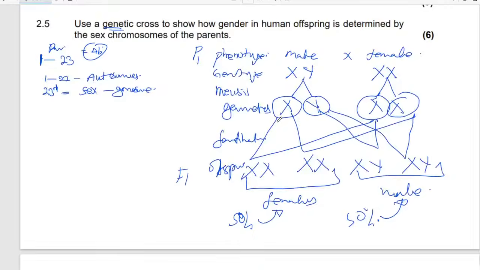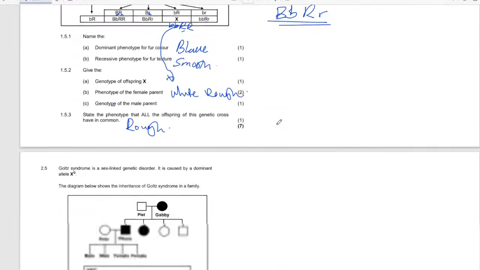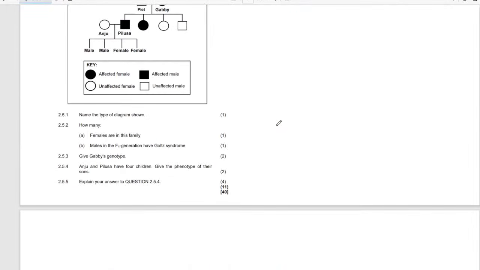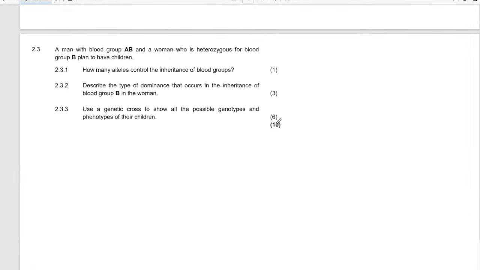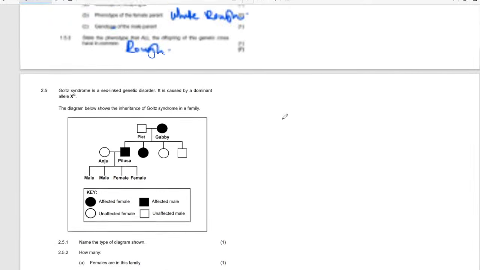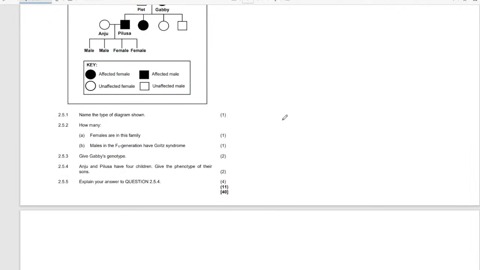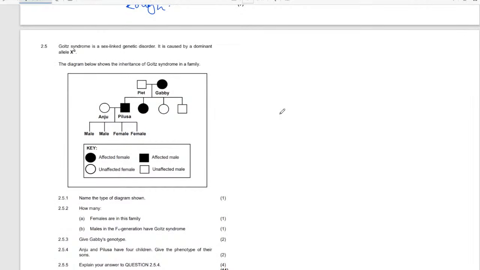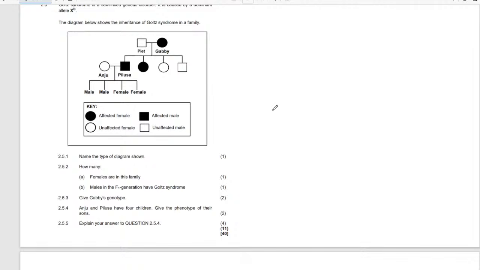Okay, let's go to the last questions. I have this question, and then another question and another question. So basically I have 3 questions to smash. Let's smash these questions together. All right.